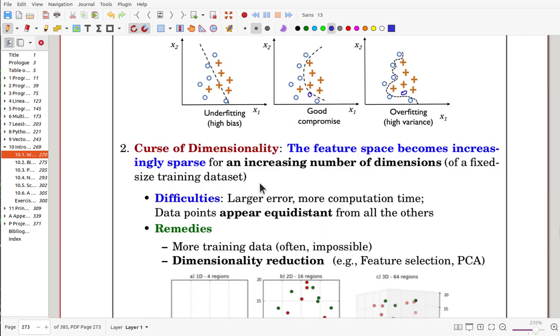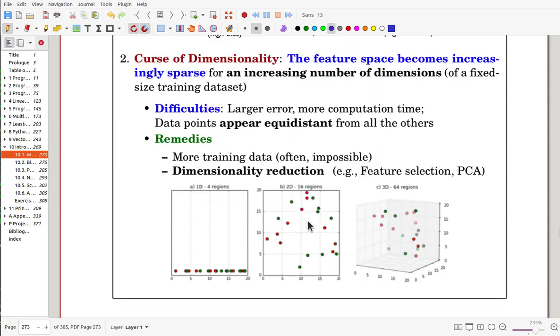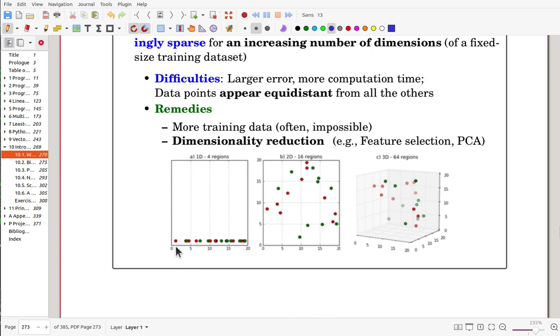Curse of dimensionality. The feature space becomes increasingly sparse for an increasing number of dimensions. See this figure. Once we consider the data points in one-dimensional space, then it looks dense. But in two-dimensional space, they are apart.